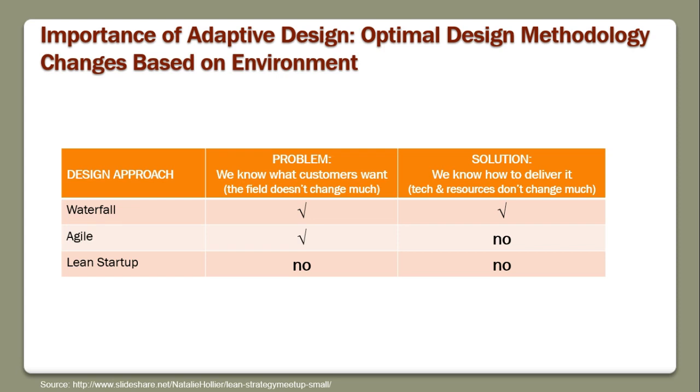And then on the solution, do you know how to deliver it? So the technology and resources don't change much. So if both the problem and solution are well known and well defined, so you're teaching math, for instance, and you have a mathematics program, then that's not going to change as much.